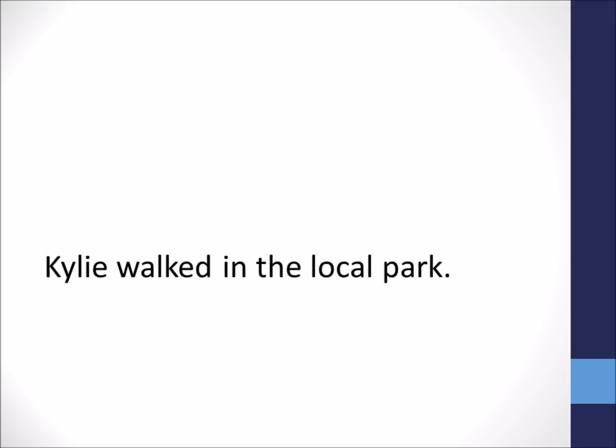So in this case, Kylie is the participant. Okay. What does the rest of the sentence, in the local park, answer? It answers the question, where is Kylie walking? And so that means it's a circumstance. It's telling us where the walking happened.